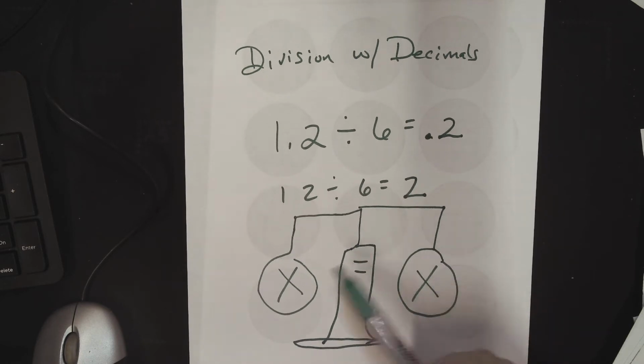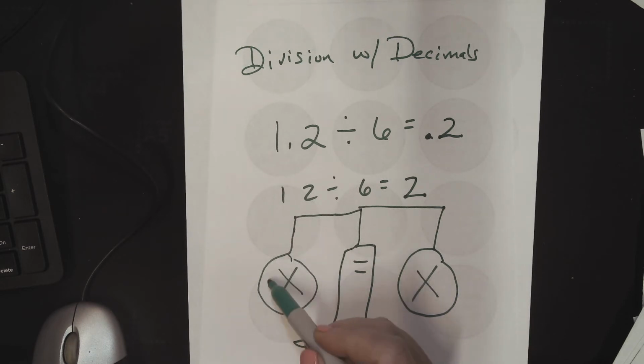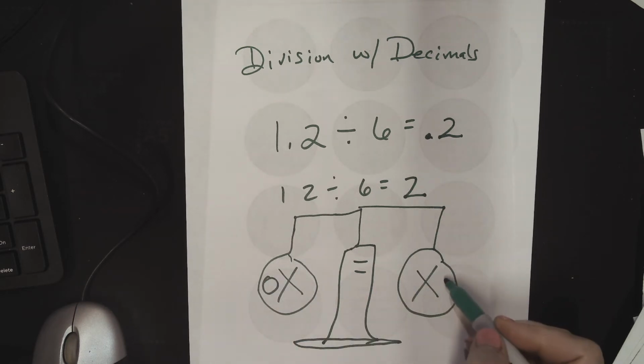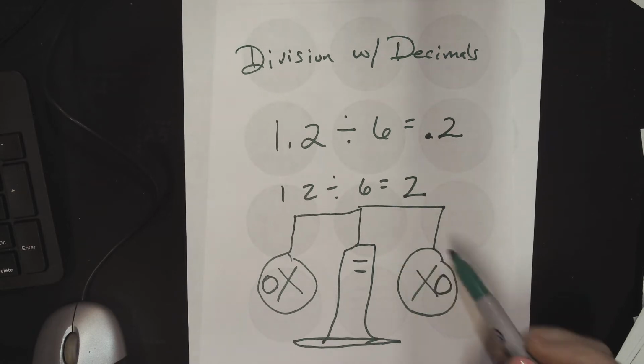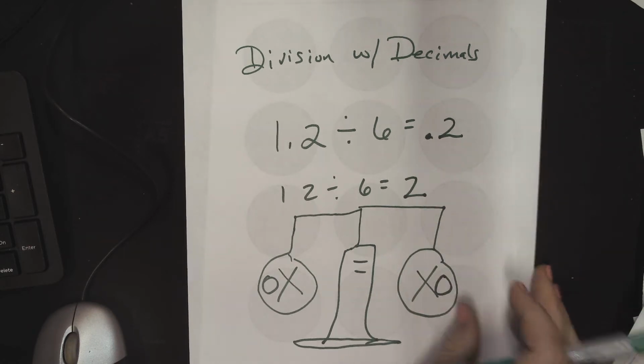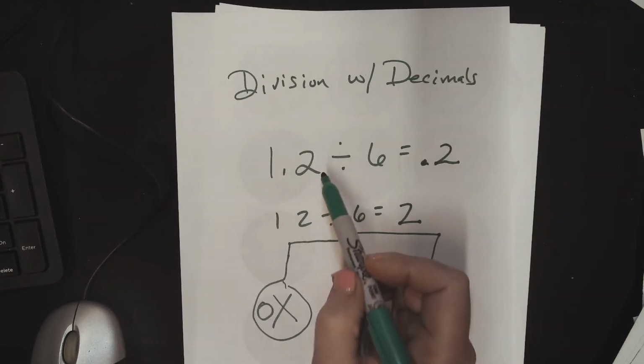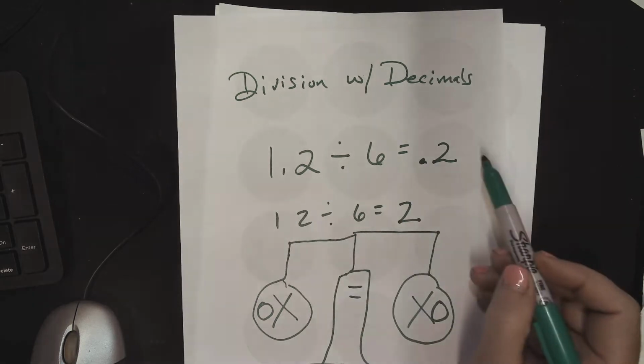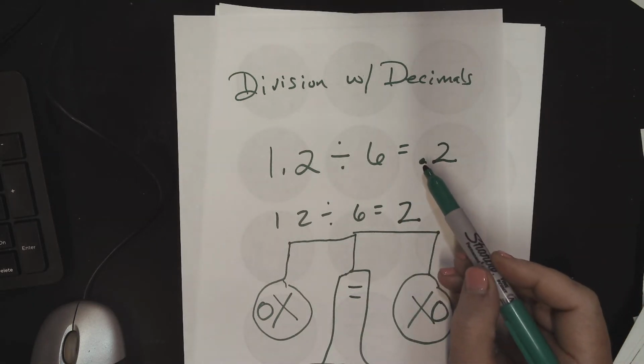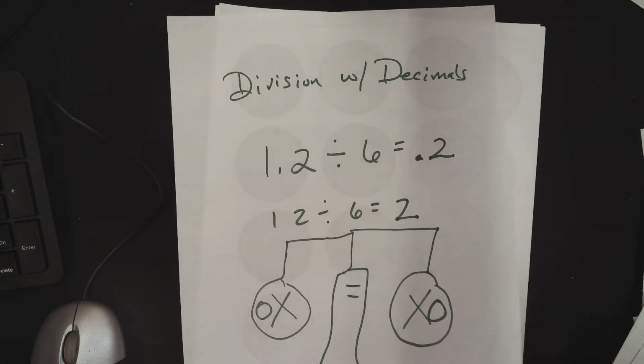Okay, if I put a circle on this side, then I have to put another circle on this side, or the scale will tip, right? The scale will tip, so I have to be careful. So that's why I'm looking at my decimal point. Well, I have 1 decimal place on this side, so I have to have 1 decimal place on this side in order for it to be equal.